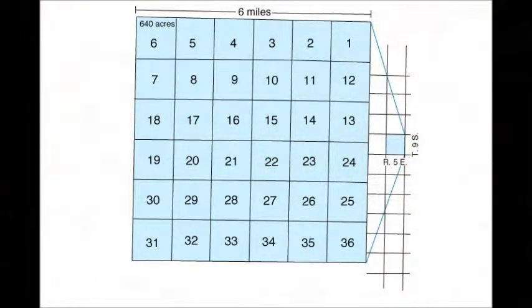So it goes in an S-shaped pattern, but it starts at the northeast corner and ends in the southeast corner, going 6 miles each way. So you'll need to know how to do that for sure. That's very important in cadastral mapping, is understanding which section and what the neighboring sections are.